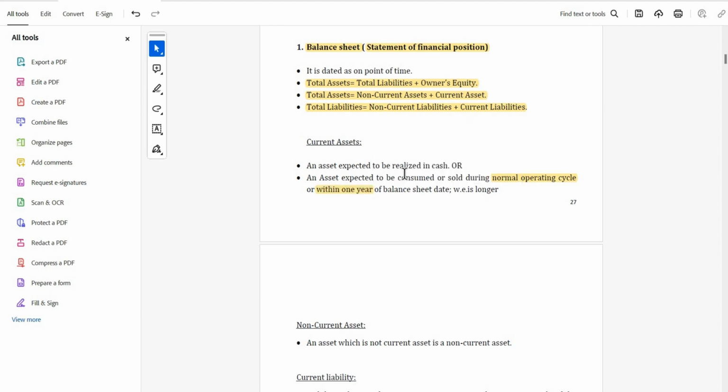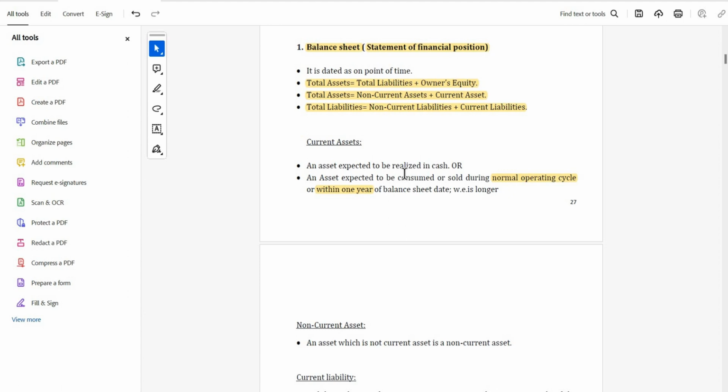Current asset and current liability are the same in this way: current asset can be realized within 1 year or within normal operating cycle. What do you mean by normal operating cycle? In some big projects like making of a bridge or making of a flyover, we have operating cycle of 36 months or 4 years, 5 years.